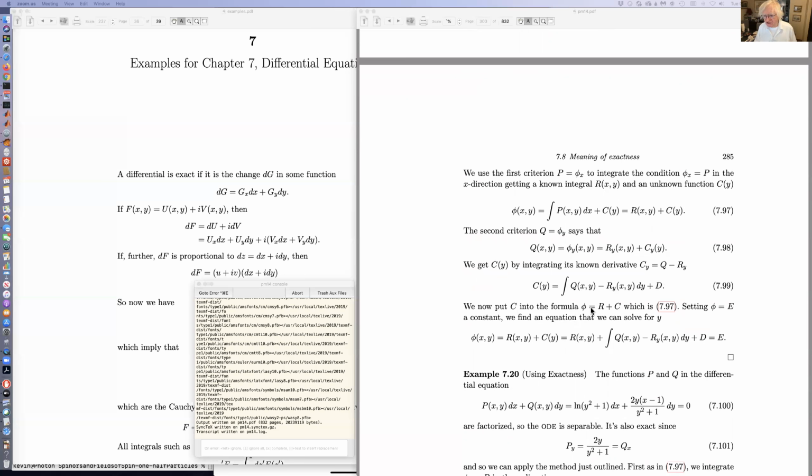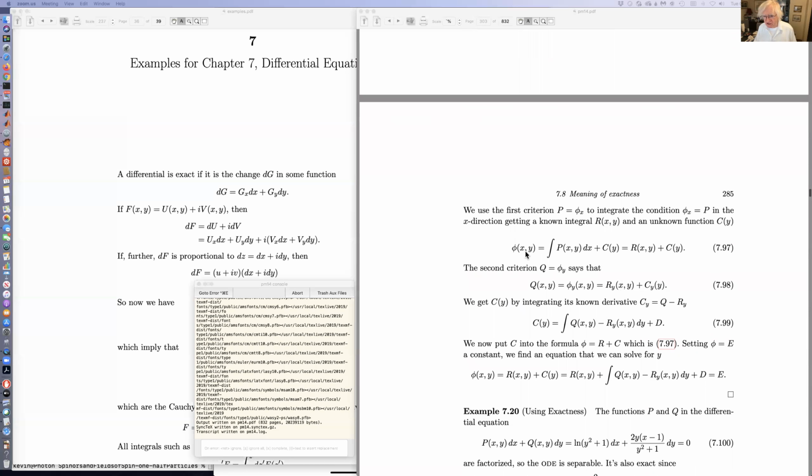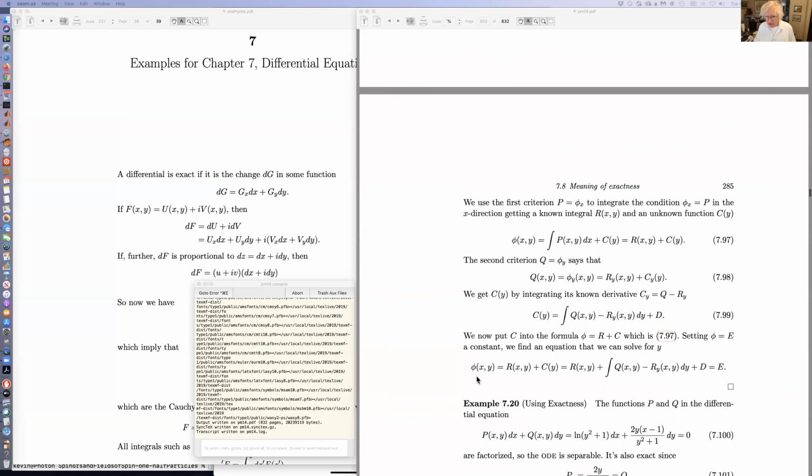We can then put c into the function r plus c, which is this equation here. And we then set phi equal to e, and we get this expression: r plus the integral of q minus the y derivative of r, plus d, is equal to e.